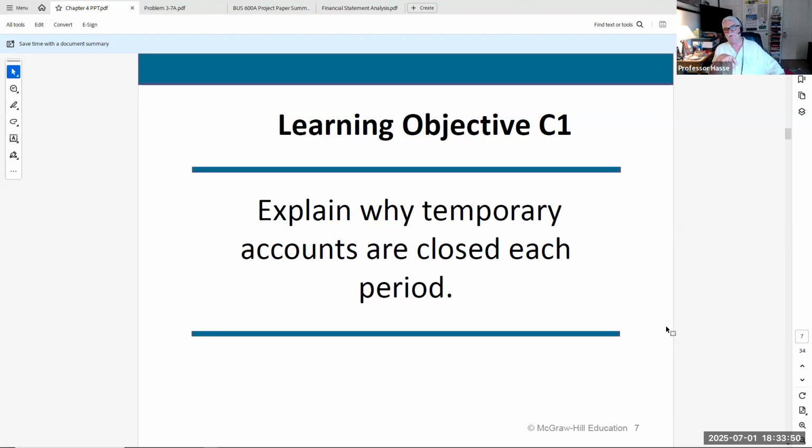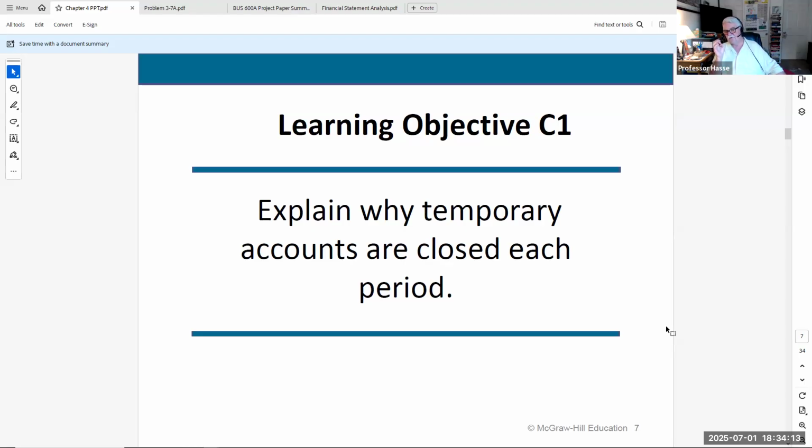In assignment number 3, which will be next week, which you're practicing in problem 3-7A over the weekend if you want to, we're doing closing entries and financial statements from the adjusted trial balance that is given to you. You don't have to calculate it like you did in assignment 2. And then you prepare, one more time, financial statements. But here you go to the next and last step.